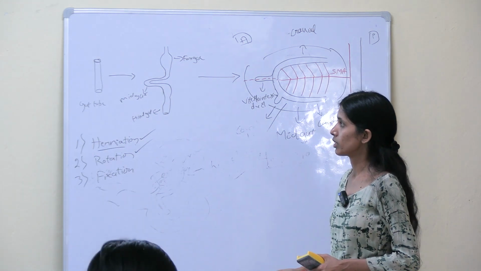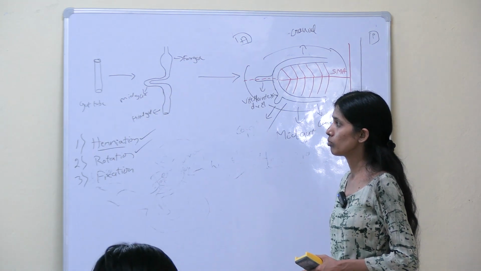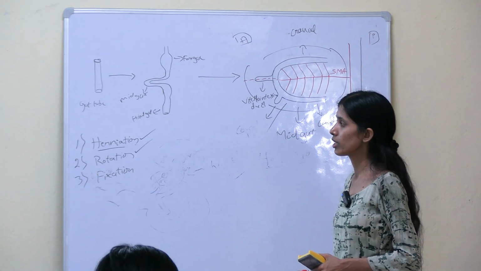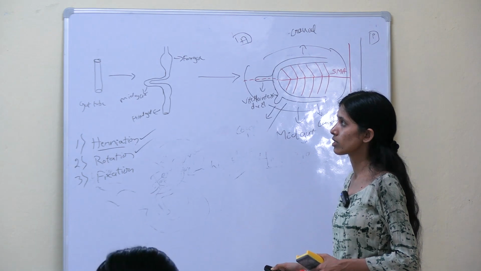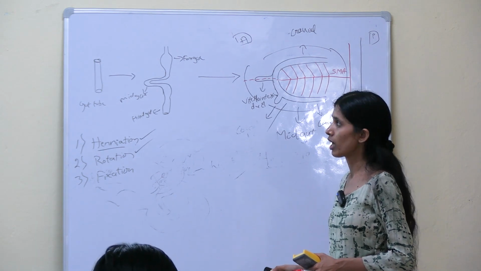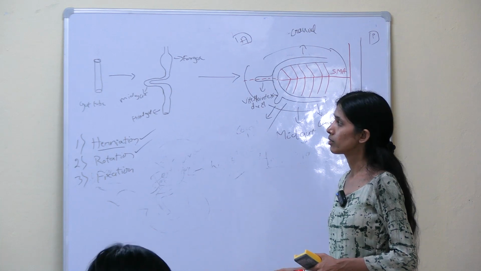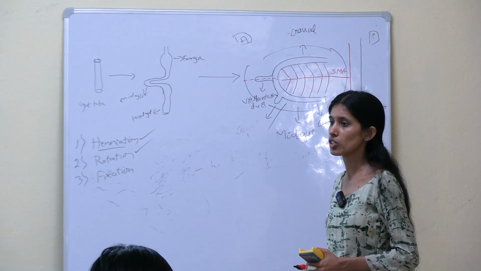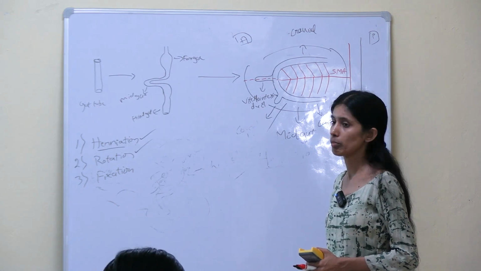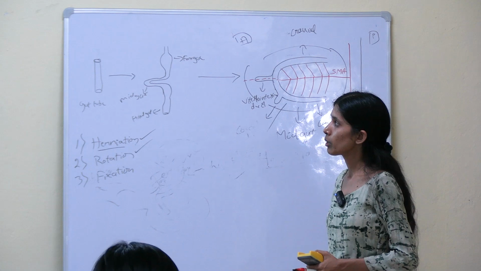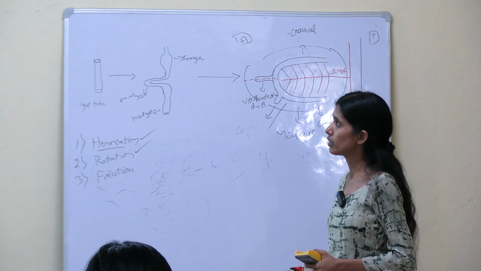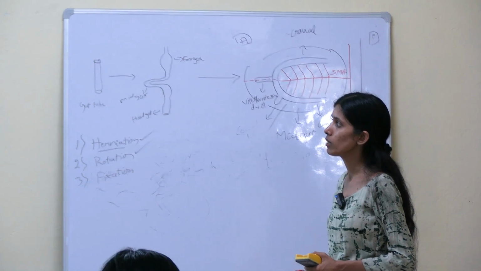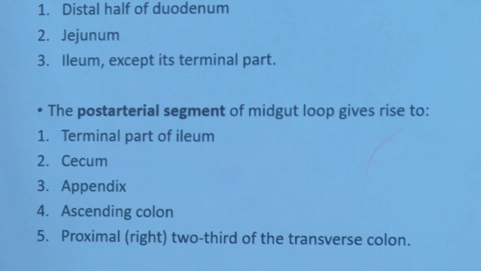Okay, see here. This is your midgut loop. I have drawn the vitellointestinal duct and we have the cecal bud. This is the post-arterial segment. This is the pre-arterial segment. We have these two parts by the division from your superior mesenteric artery, which is running in the middle of your midgut loop. The pre-arterial segment of the midgut loop gives rise to the distal half of the duodenum, jejunum and ileum.